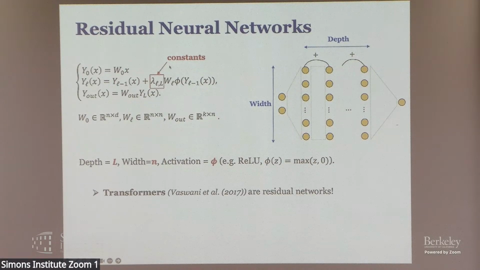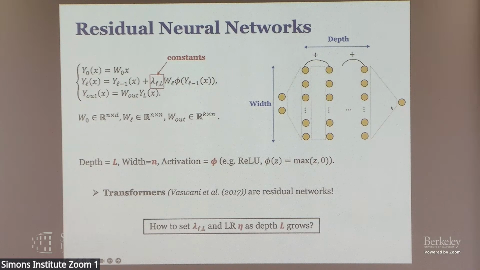Okay. So transformers, the neural networks behind large language models, are also residual networks, right? They have this structure, Y_L equals Y_{L-1} plus a block. The difference is in this block, which is more complex: it has a self-attention mechanism plus an MLP. But essentially they have the same structure.